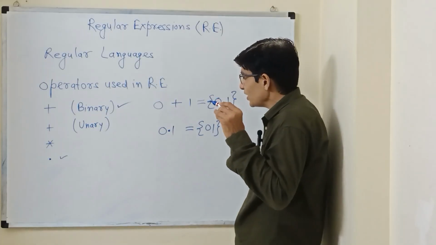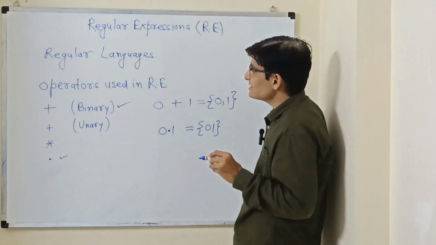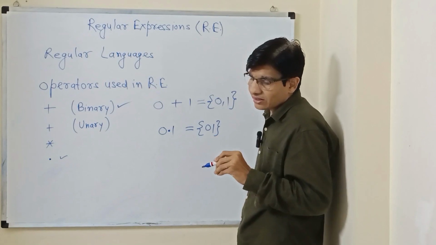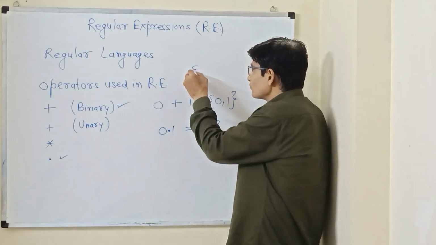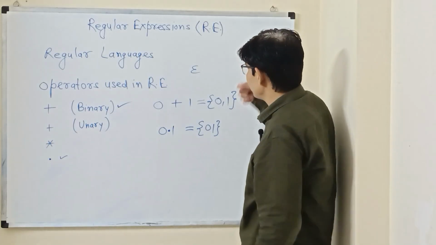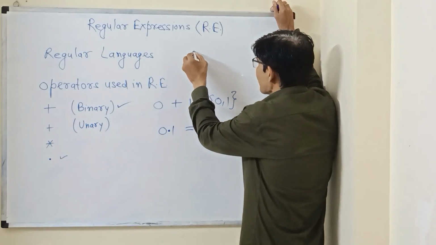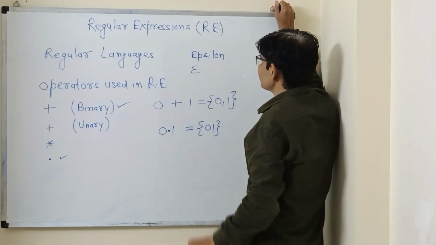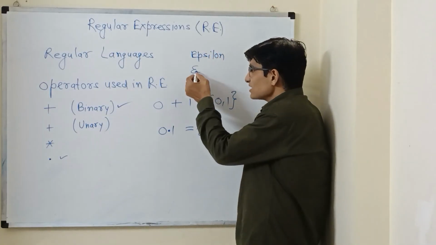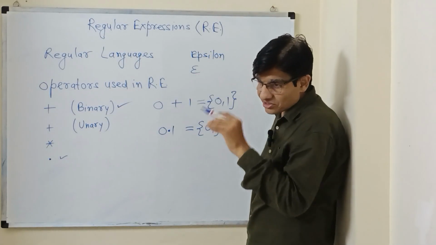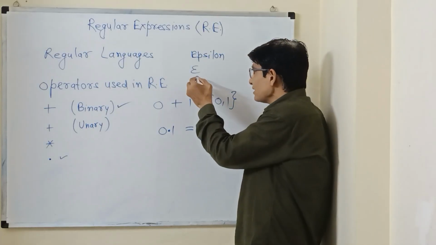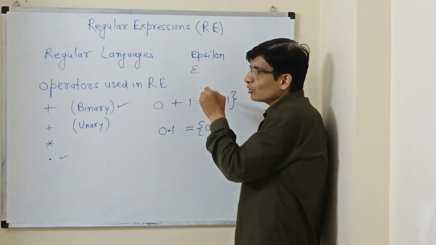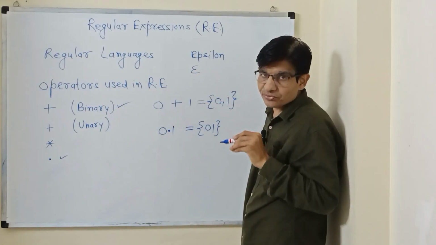Now, any string with zero length can be represented with epsilon. This symbol is known as epsilon. It represents a string with zero length, meaning no symbols, the empty string.